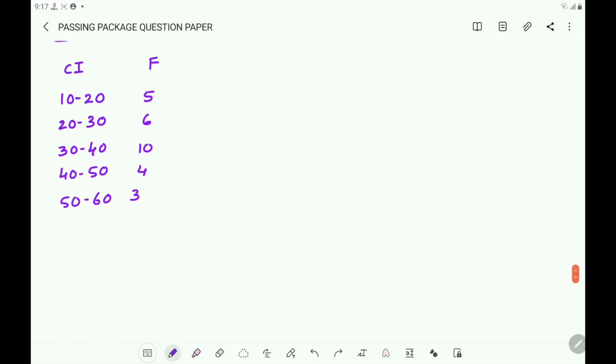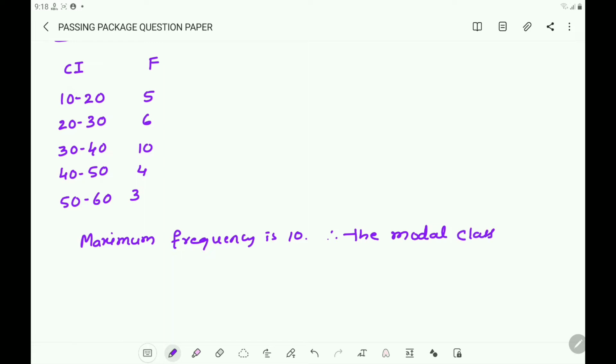So write: maximum frequency is 10. Therefore the modal class is 30 to 40.